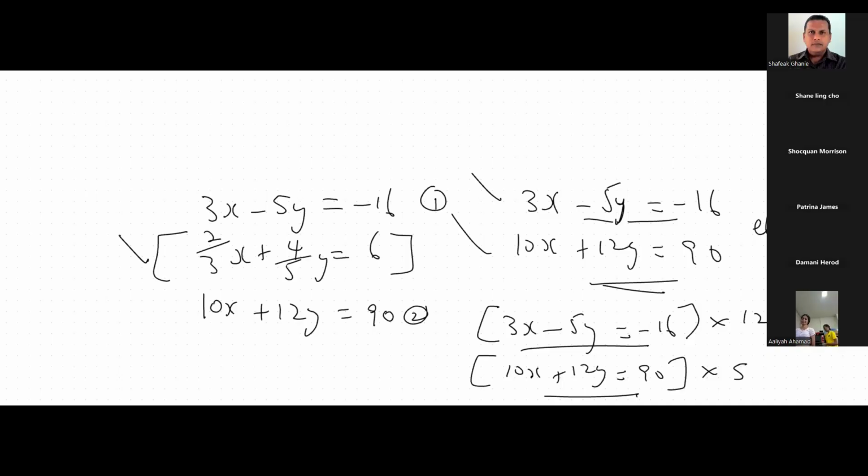You're going to see the solution is where the line and the curve intersect. You can also make sense of this in that the solution to the simultaneous equations is where the two lines intersect.